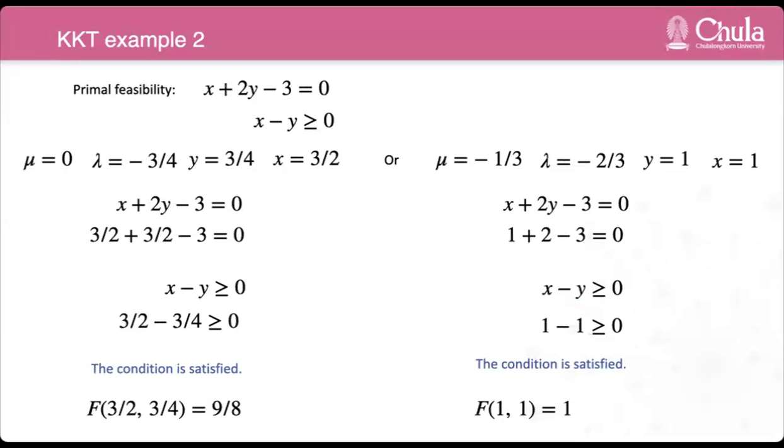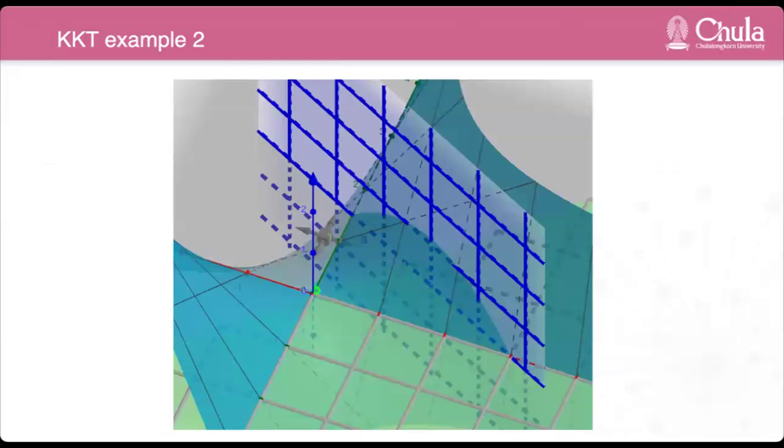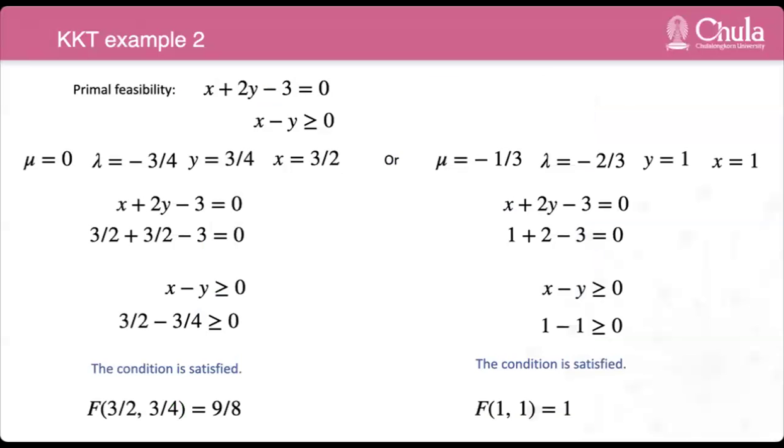But now you have to check which one you're going to minimize or maximize. If maximize, you go with this one. If minimize, this one. This is how you can visualize it by yourself. Any questions?